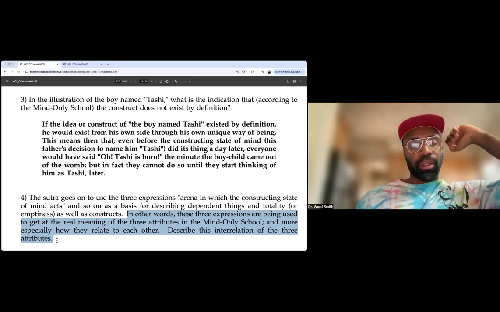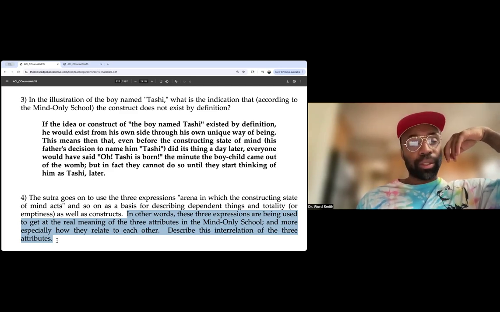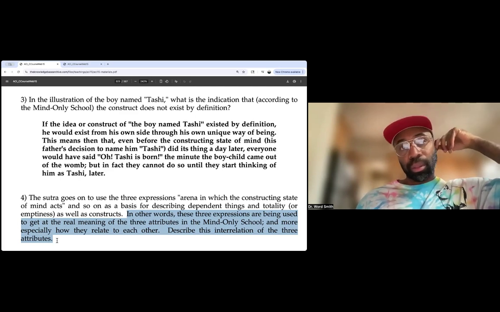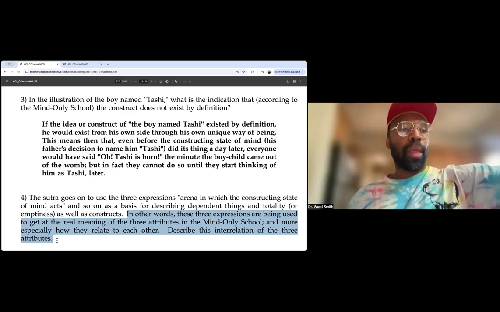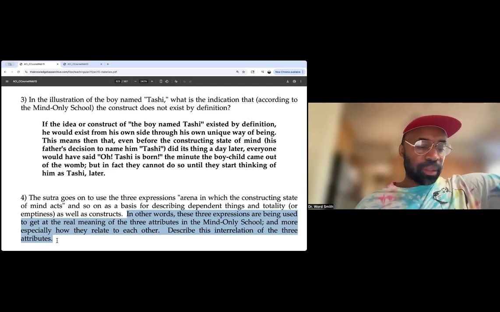Basically, constructs don't really exist. Dependent things exist because of their causes.